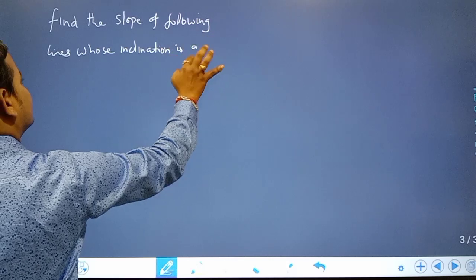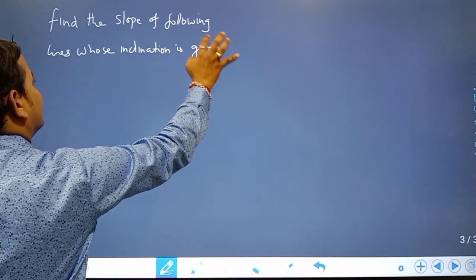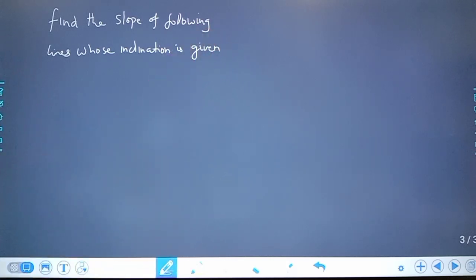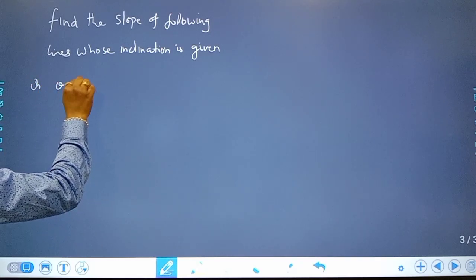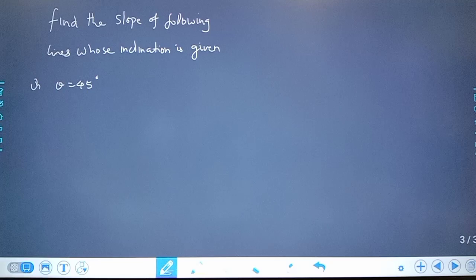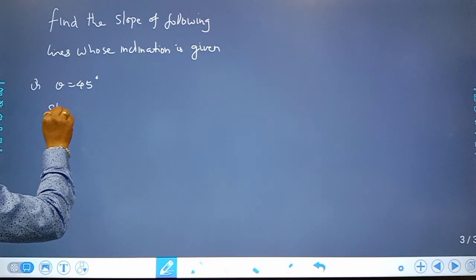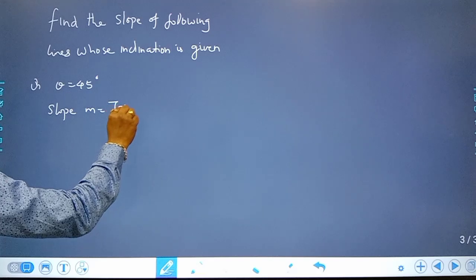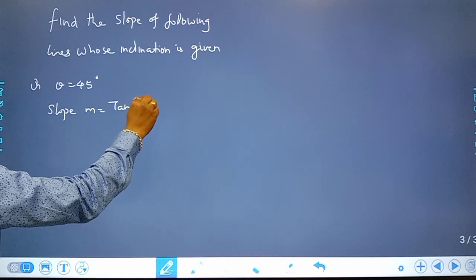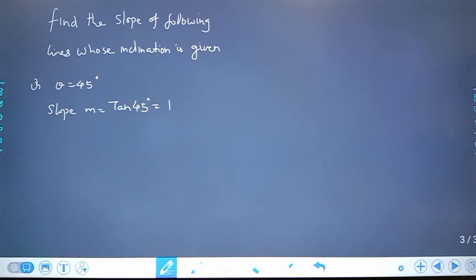The inclination, the angle, is given and we find the slope. First one: theta is equal to 45 degrees, slope m is equal to tan 45 degrees, which is 1.